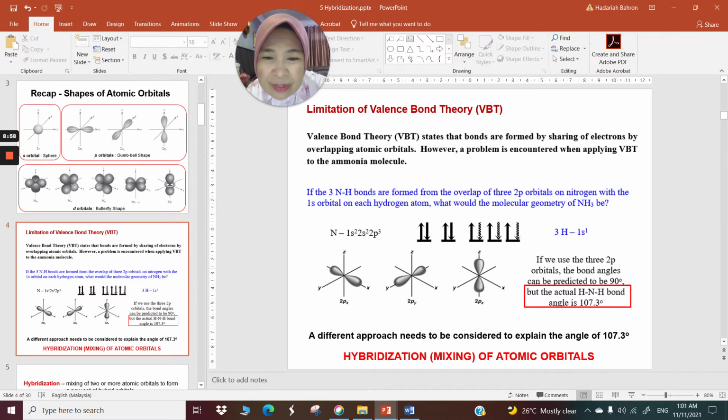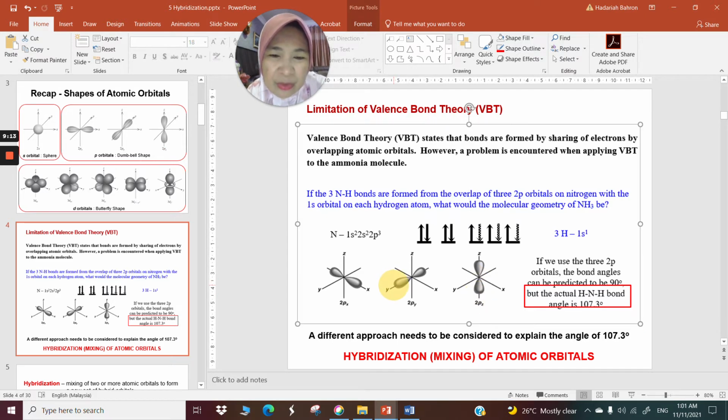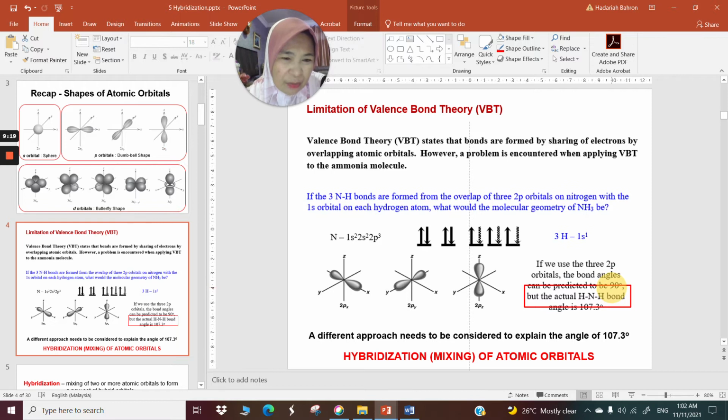For example, if you're taking this lobe with one hydrogen, and that lobe with hydrogen at the bottom, and this lobe with hydrogen on the left. So when you combine them, you're going to be able to see that through the prediction.